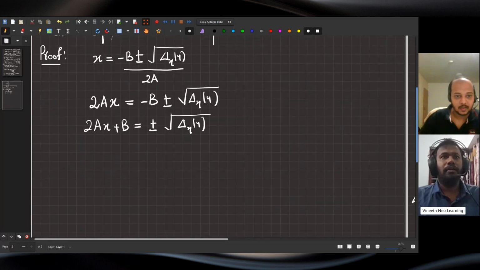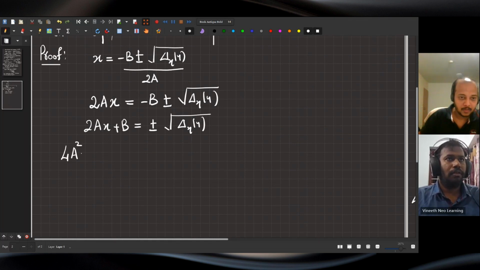If we square both sides, delta x of y will be equal to 2ax plus b, the whole squared.